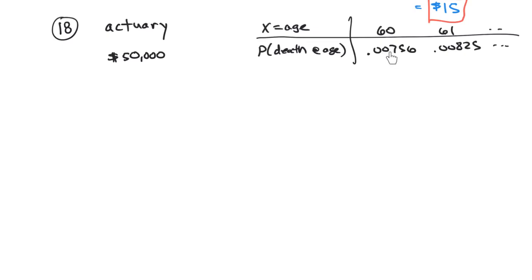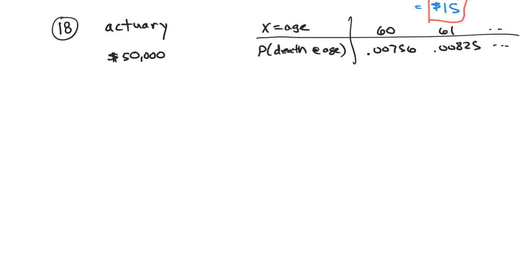Because the probability of death is so low here over this 5-year period, she's probably going to live. But if they have thousands of clients just like her, just think of this happening thousands of times. Occasionally somebody will die and their family will have to be paid the $50,000.